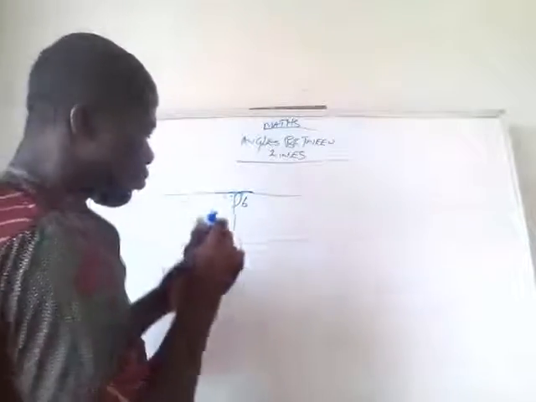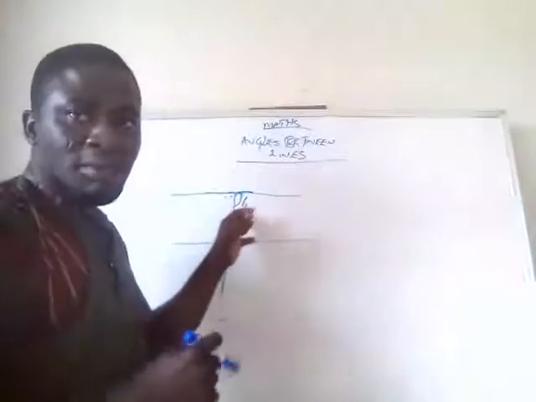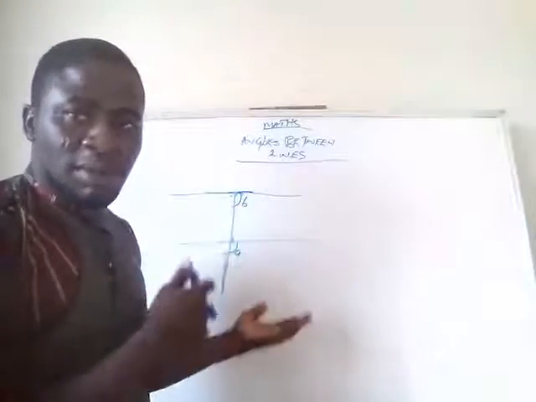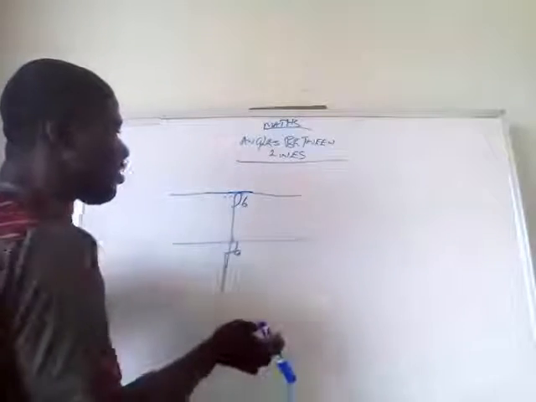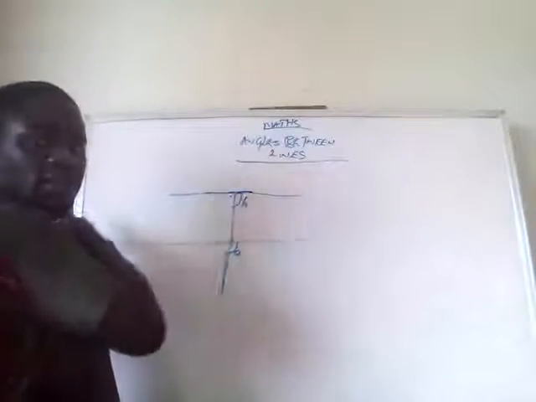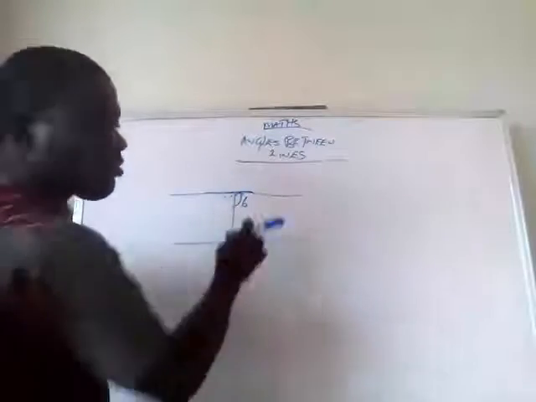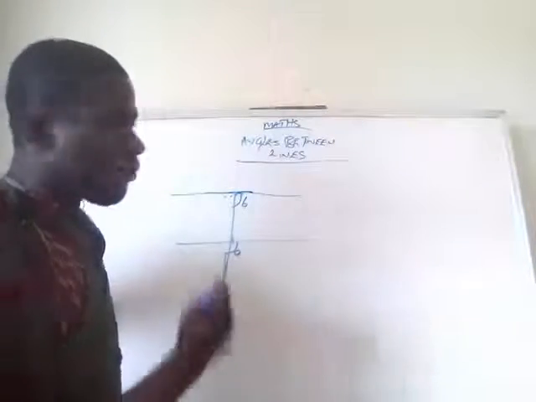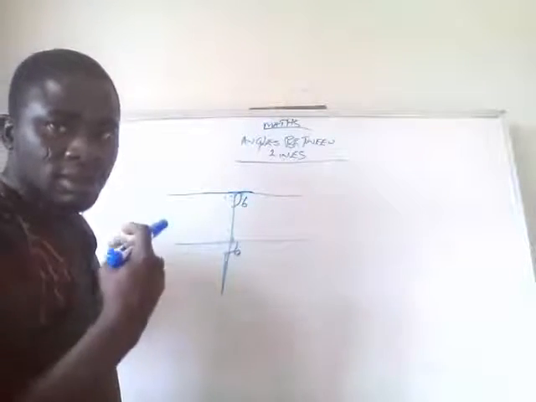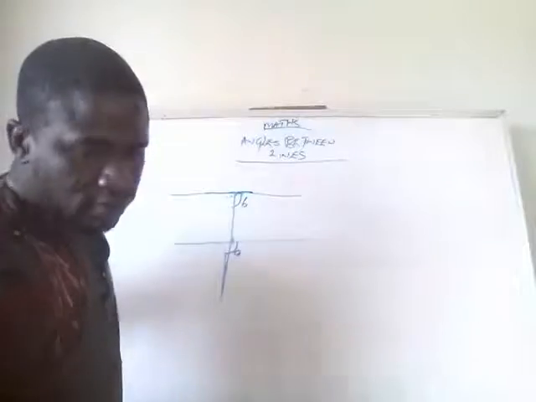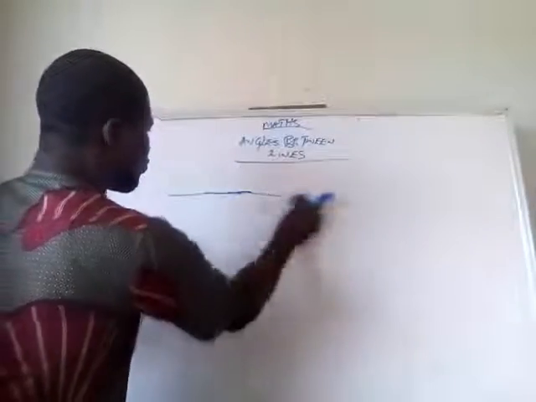So we'll go to more examples. Why I decided to do it this way is that maybe you see a similar angle, but because I did not show you an example like this, you say the one I did was facing the left-hand side, so it's not. So please, whether it's facing your right-hand side or the left-hand side, an F-shaped angle is a corresponding angle.